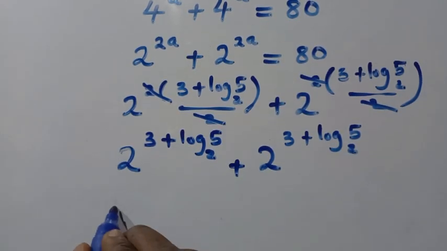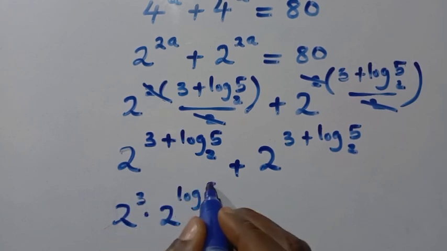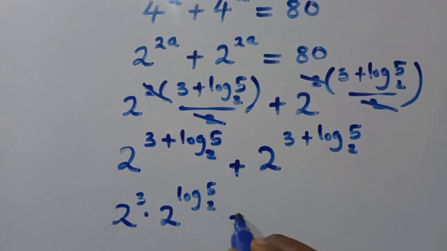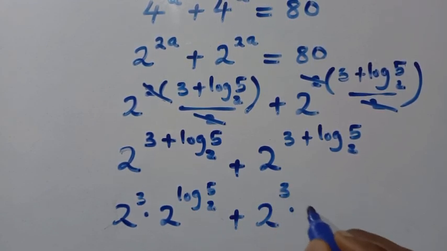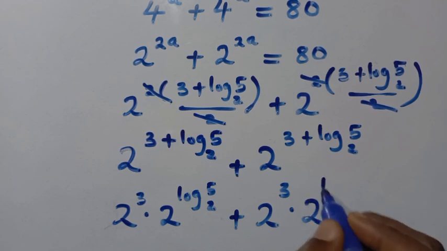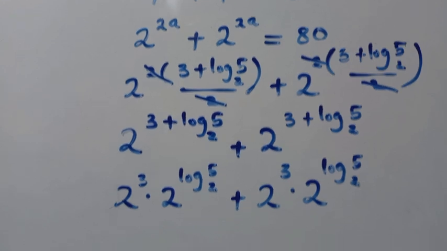So here we have 2 to the power of 3 multiplied by 2 to the power of log 5 base 2, plus 2 to the power of 3 multiplied by 2 to the power of log 5 base 2.